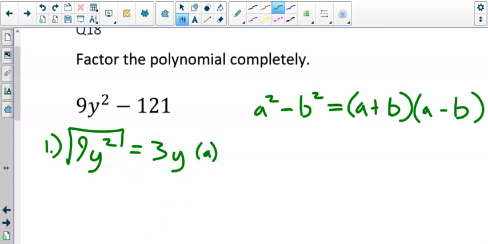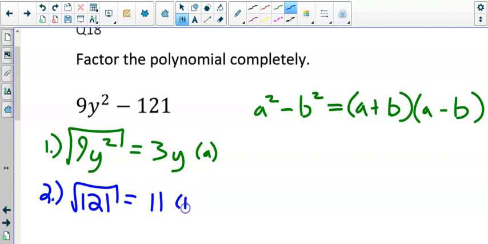That's A. Now I'm going to take the square root of my second term, which is 121. Ignore the minus. So the square root of 121. What is the square root of 121? It is 11. That's B.